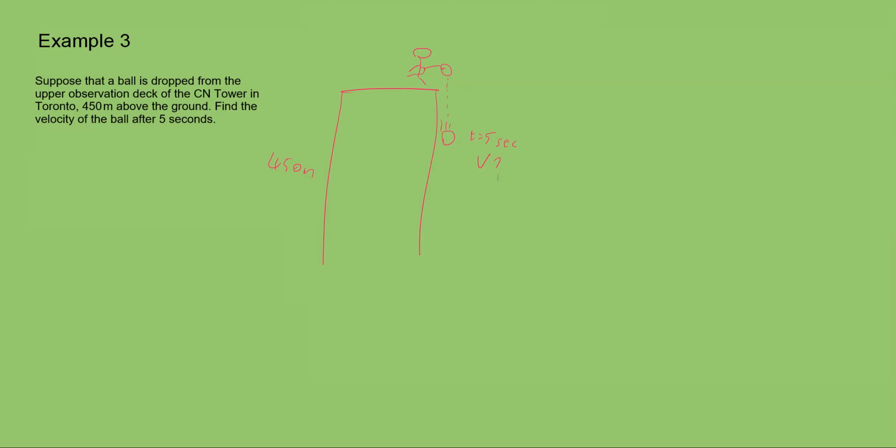Now you can think about this. Maybe at 4.9 seconds the speed should be pretty close to that at 5. So the velocity at t equal to 4.9 seconds should be close to the velocity at t equal to 5.